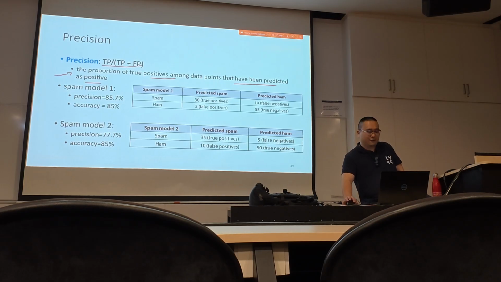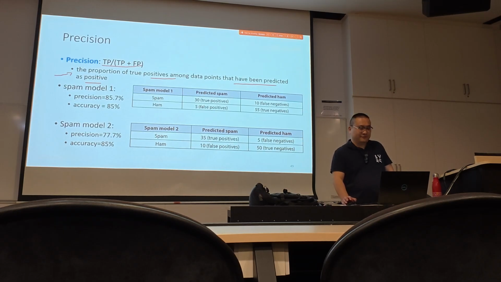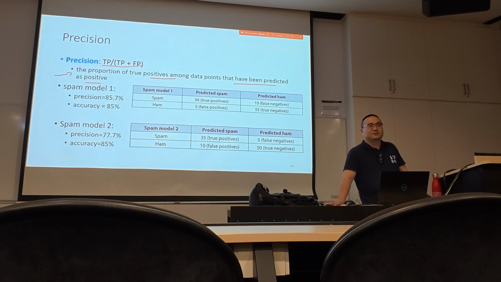For all the positive predictions, we want to know the proportion of them that are correct. For example, your model says, I have predicted 1,000 sick people, and then we want to know the percent of real sick people among all the positive predictions, and that is precision.